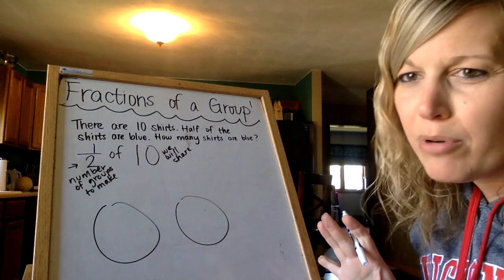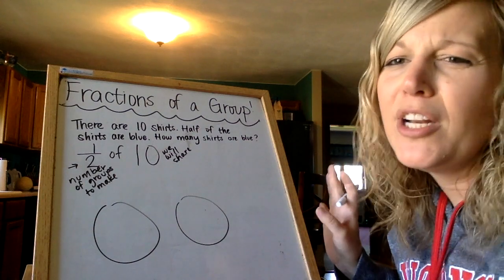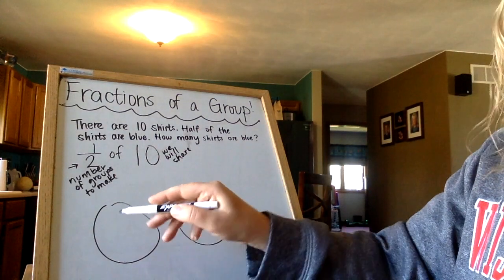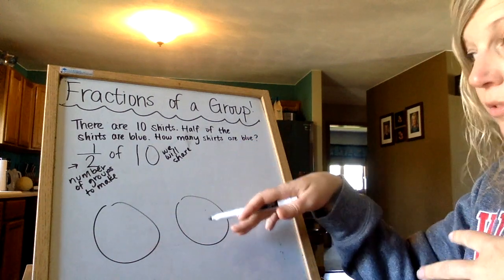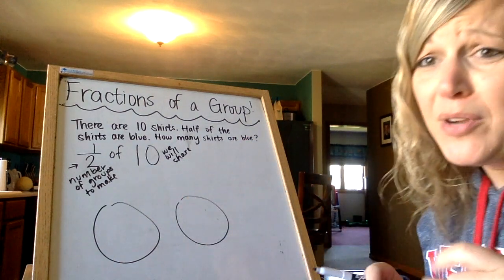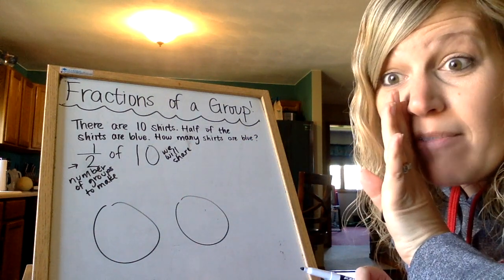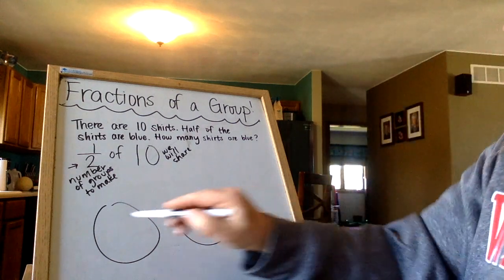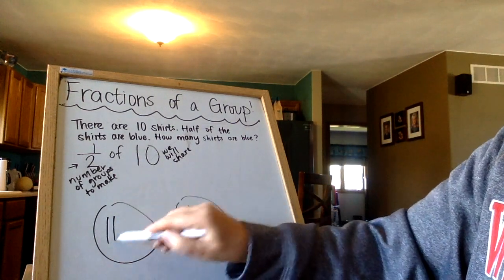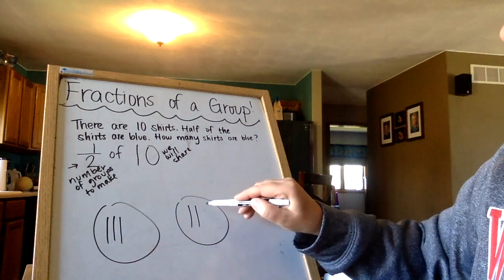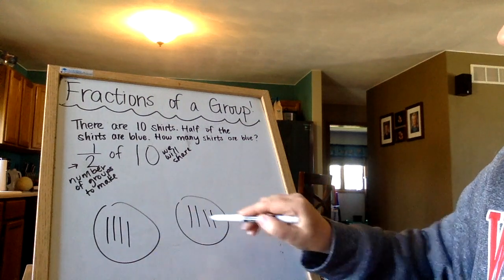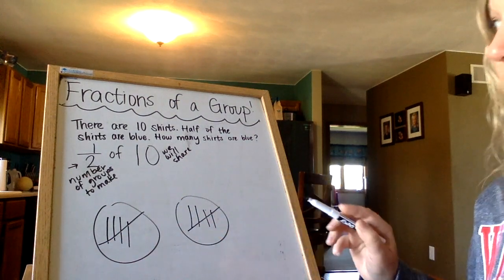You guys are probably pros at this, and I know that you already know the answer. So one for me, one for you, one for me, one for you. I know that you guys already know that 2 groups of 5 make 10, but bear with me. So 1, 2, 3, 4, 5, 6, 7, 8, 9, 10.